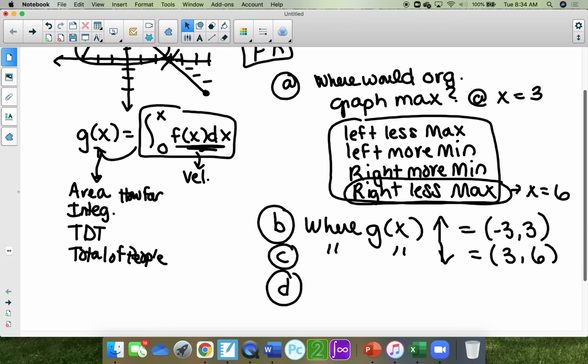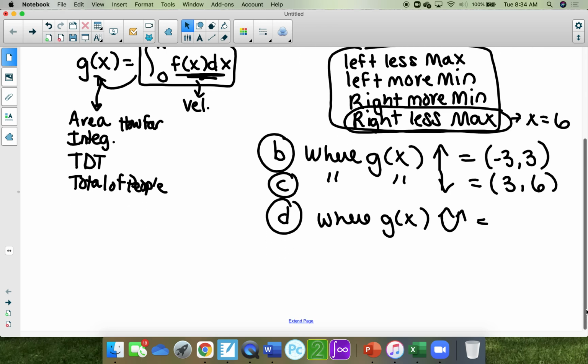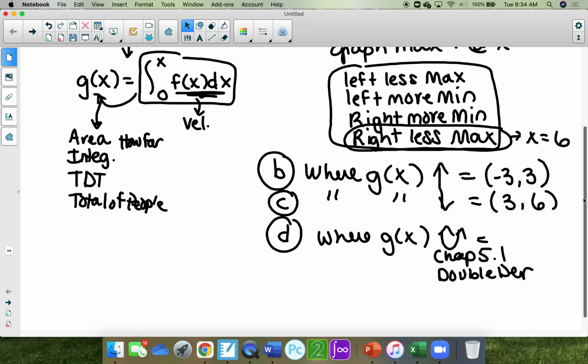Where would your g of x be concave up? It would be concave up, if you remember concave up from chapter 5. Concavity is point of inflections and all that, that's your double derivative. Well, this is your first derivative.